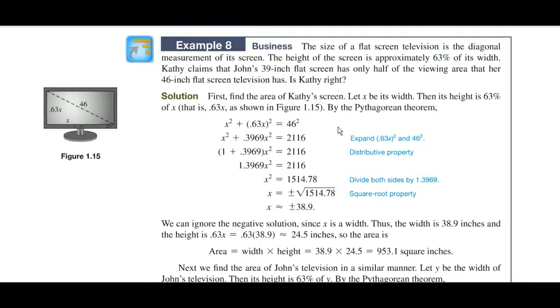So here we have a hypotenuse that is 46 inches. We have this short leg that's 0.63 of x, and then this side is x.